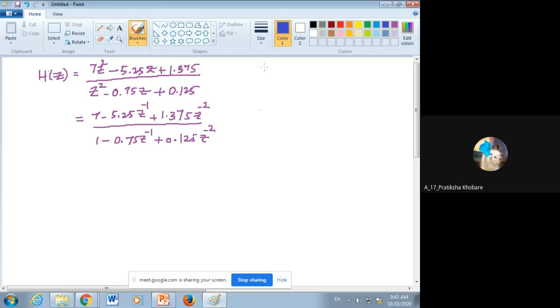So now we are just drawing the block diagram as direct form 2. For that we require a total of two delay elements. So I will write it like this. Here there will be one delay, right? This is Z inverse.